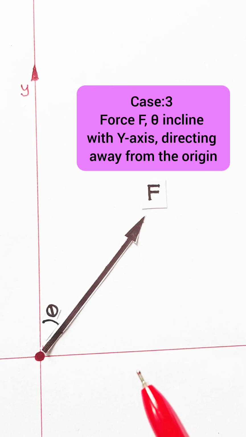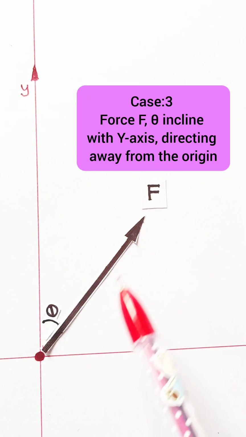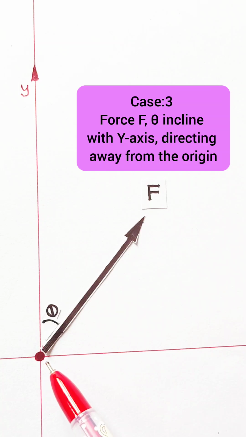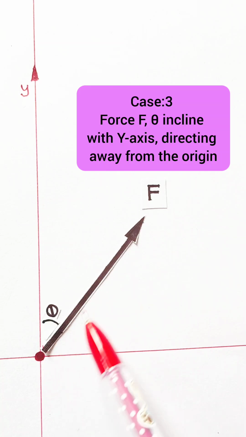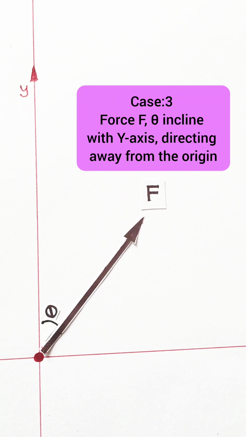If the force of the same magnitude F is directed away from the origin, in the outward direction, when it is making theta angle with the y axis, for this case also we have to find the x directional component and y directional component for this inclined force.